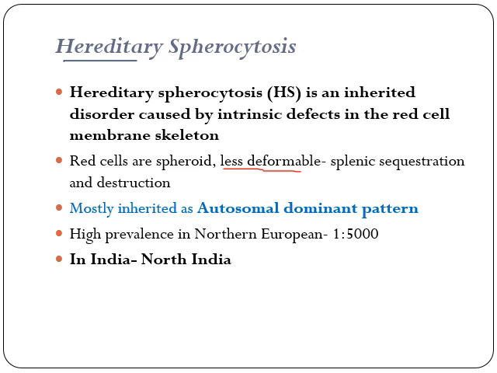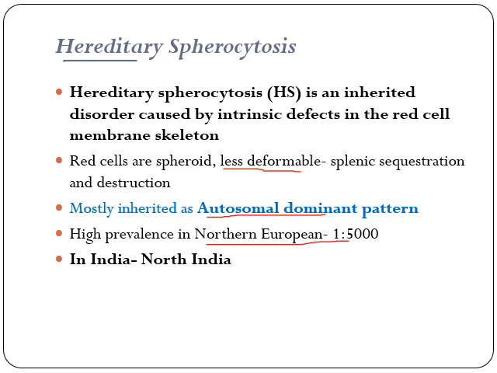Now next point, they are inherited disorders. So which pattern will it be? It will be in the form of autosomal dominant. It means that they will be autosomal dominant, but a few cases will also be autosomal recessive. Now, it has been seen that they are highly prevalent in northern European countries, and the ratio is that one person will be suffering out of 5,000.